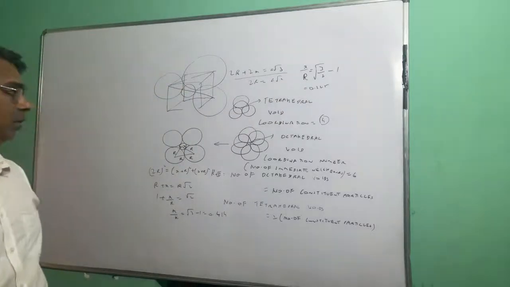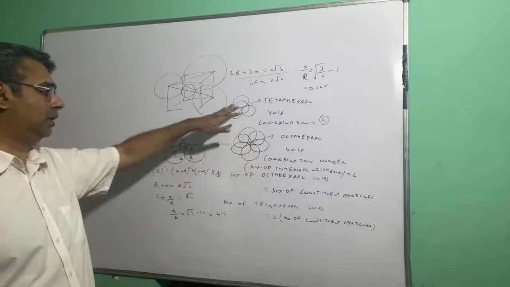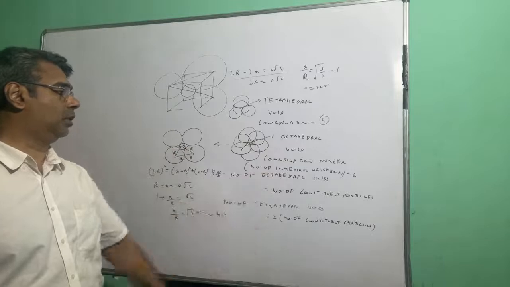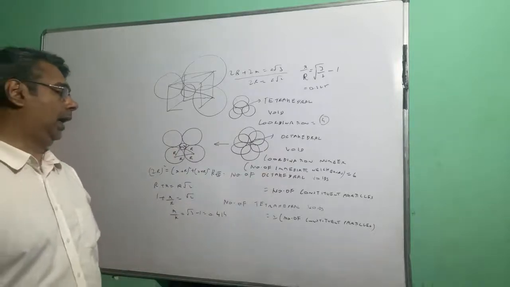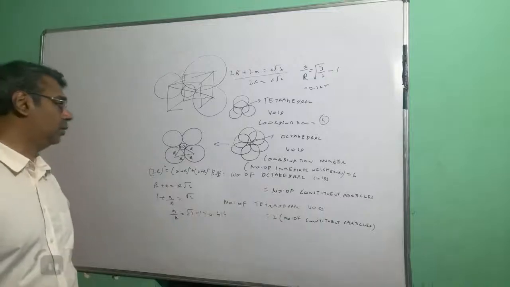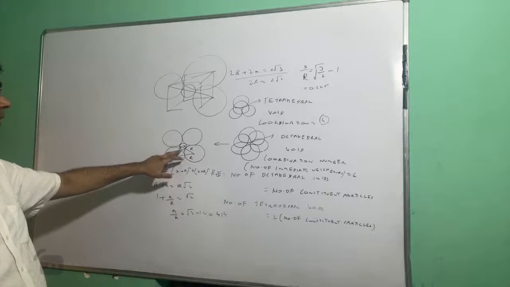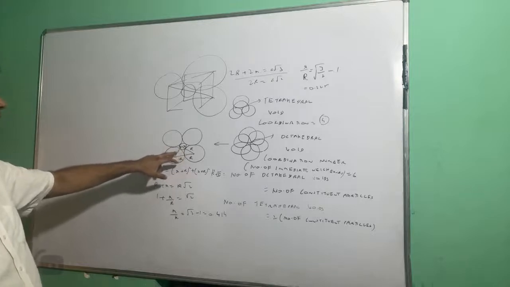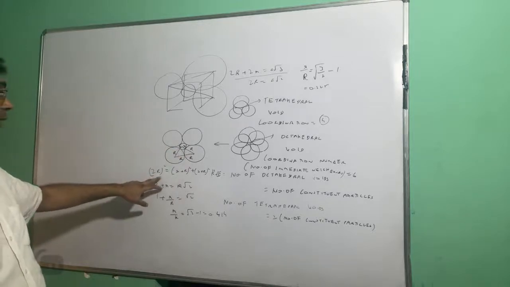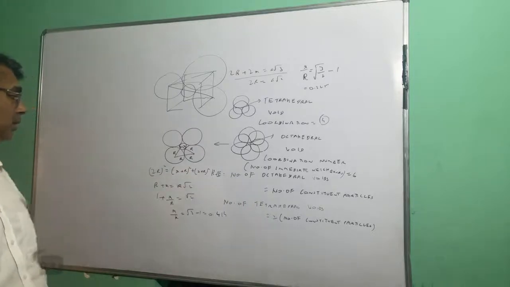In case of octahedral void, there will be 3 spheres in the bottom layer surmounted by 3 in the above layer. The gap between them is called octahedral void, and the number of octahedral voids is equal to the number of constituent particles. To find the size of octahedral void, draw 4 spheres in the bottom layer and the sphere in the middle of radius small r. So twice capital R whole square is (r plus R) whole square plus (r plus R) whole square.